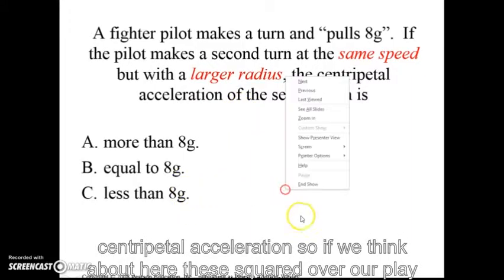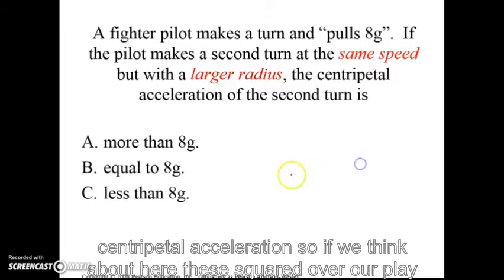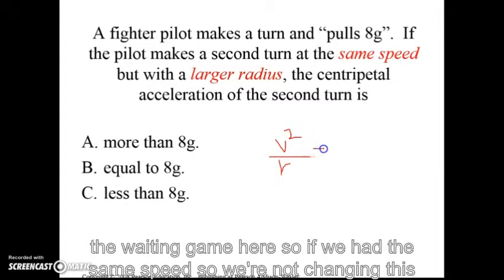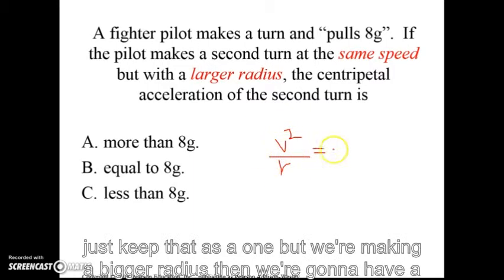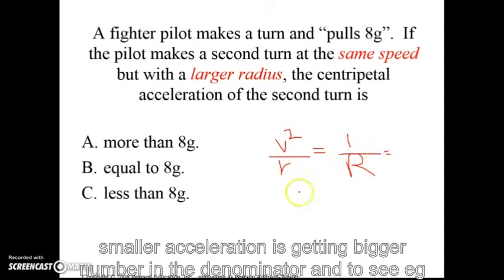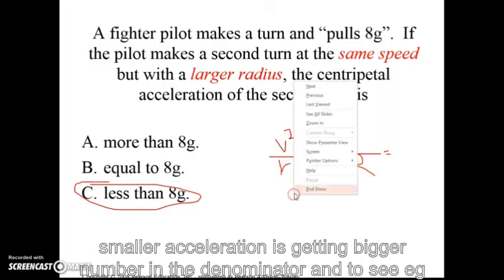So if we think about v squared over r, we play the what-if game here. If we have the same speed, so we're not changing this, we just keep that as a 1, but we're making a bigger radius, then we're going to have a smaller acceleration because we've got a bigger number in the denominator. And so we'd have a_c less than 8g.